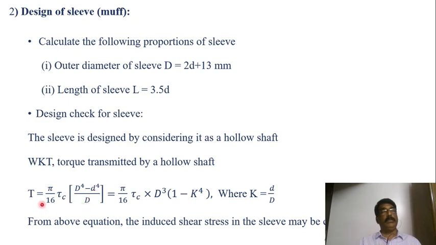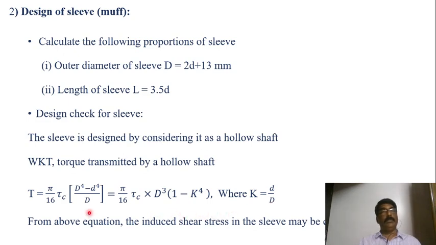So in this equation, tau c is nothing but the shear stress for the cast iron muff, and it is also equal to pi by 16 tau c d cube into 1 minus k to the power 4, where k is the ratio of diameters, small d to capital D. That is the ratio of the diameter of the shaft to the diameter of the muff.